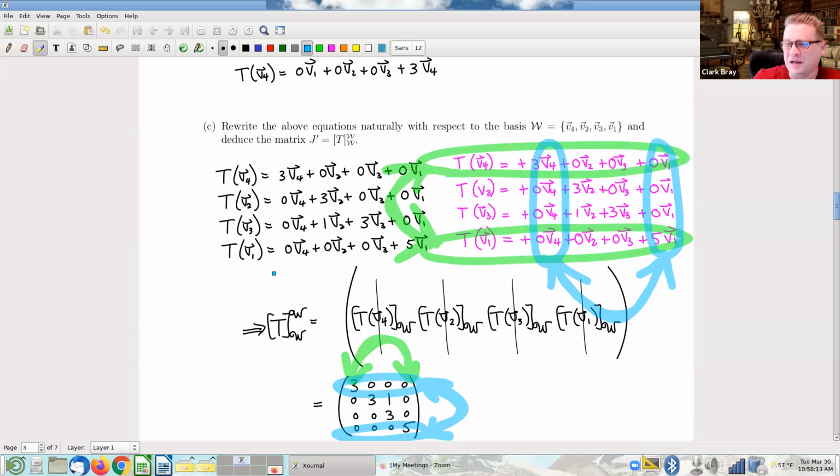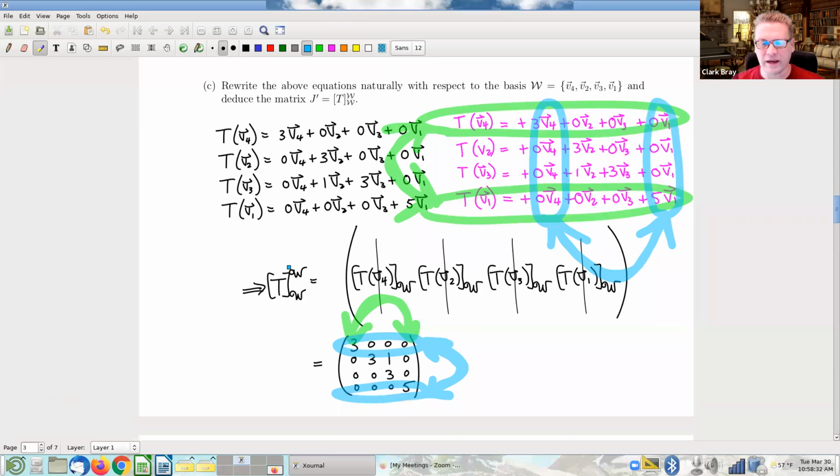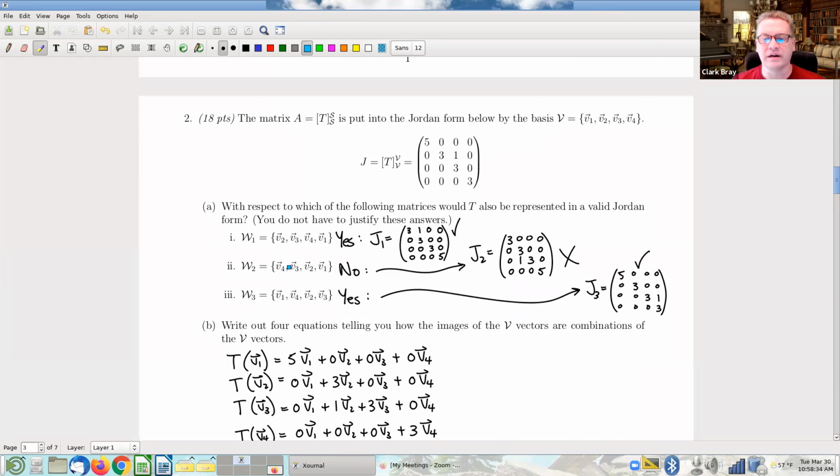Equations are columns. Terms are rows. So reordering equations and terms is exactly reordering columns and rows. Okay, so I like how this makes it all very explicit in why that works out. I hope that's been a useful discussion.